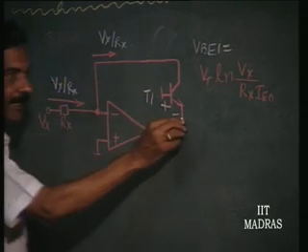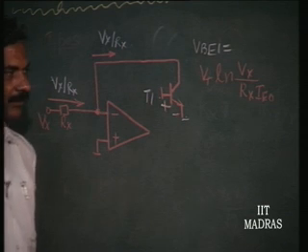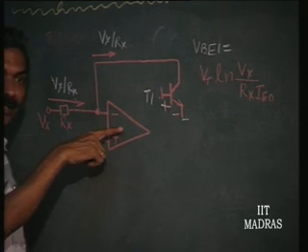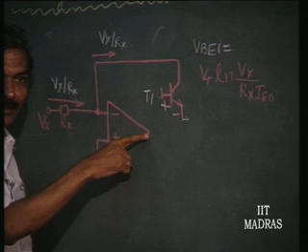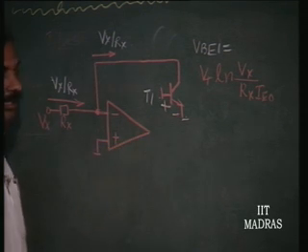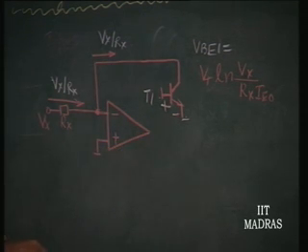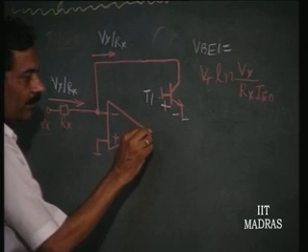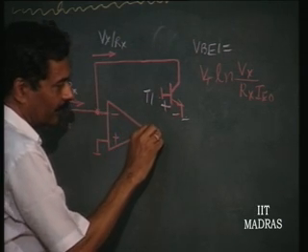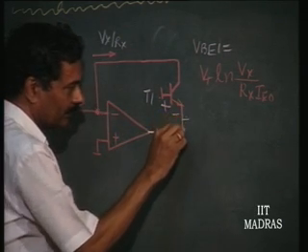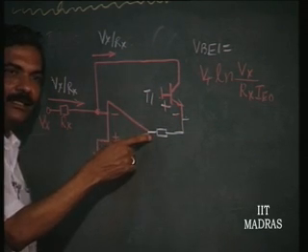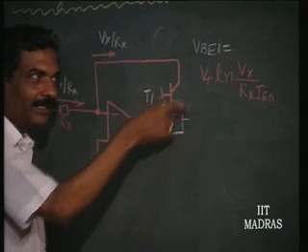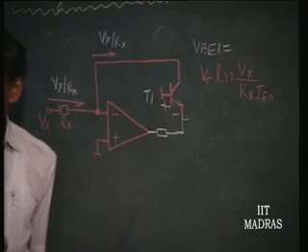The output voltage will be negative here with respect to ground. But there should be a connection to the op amp. I can connect it here, still it works. But if I connect it through a resistance here like this, it can still work, no problem, because this voltage will adjust itself so that this voltage is what it is. So, this is the negative feedback.